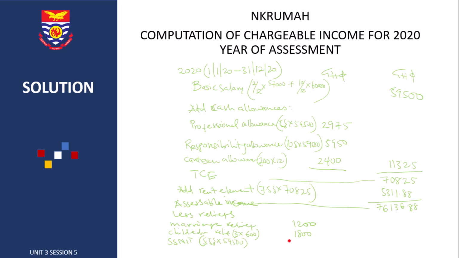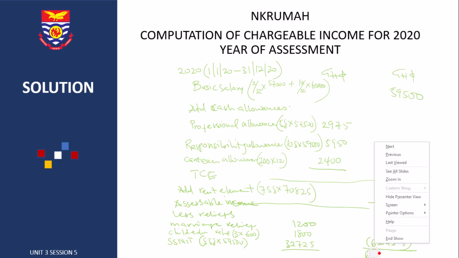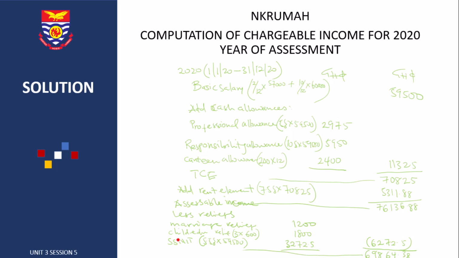This is giving us 3,272.5. So our total reliefs will give us 6,272.5. When we deduct, we are going to get an amount of 69,864.38, and this is our chargeable income.